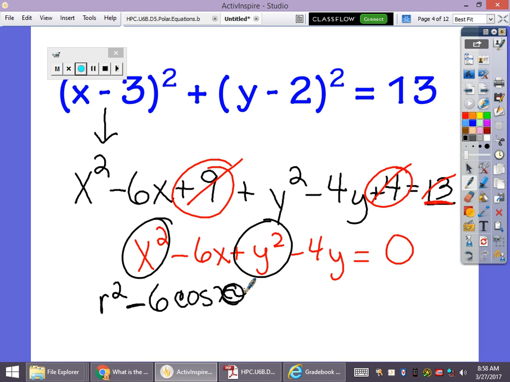And then what else? Minus 4 sine theta equals 0. And now we're done. Everything is in r's and thetas, right? This is rectangular to polar, and I know because x's and y's is rectangular, polar is r's and thetas.